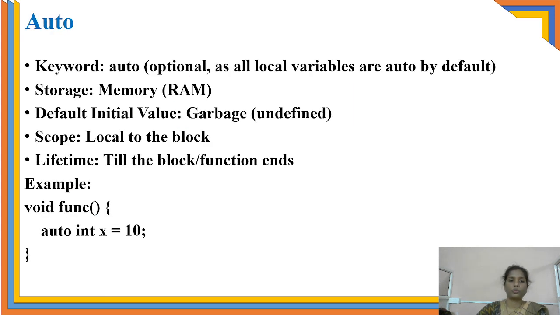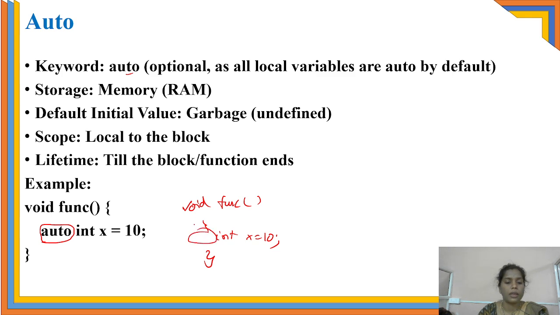Next, auto. The keyword is auto. For all local variables we use the keyword auto. So instead of writing auto, we will write just void function, int x equals 10. Automatically the auto keyword will be there. Default initial value is garbage value, storage is the same, RAM.